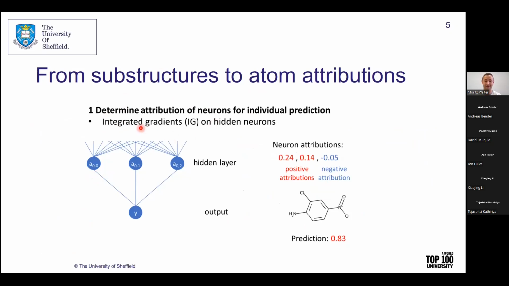For that we use a technique called integrated gradients. So here, in this simplified example, we have 3 hidden neurons, and we get 3 different attributions. These attribution values tell you how important each neuron is for an individual prediction, and they have a direction. So we have positive and negative attributions.